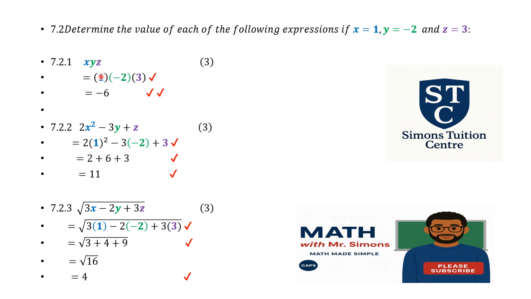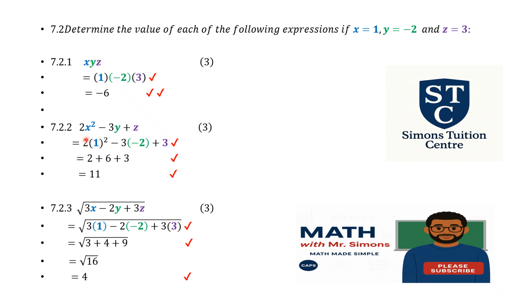So 3 times 1 is 3, times negative 2 gives me negative 6. 1 mark for correct substitution, 1 mark for the negative sign, and 1 mark for the 6. Sometimes if you write positive 6, we make sure you lose both marks, because you should understand negative times positive is negative, times positive stays negative.